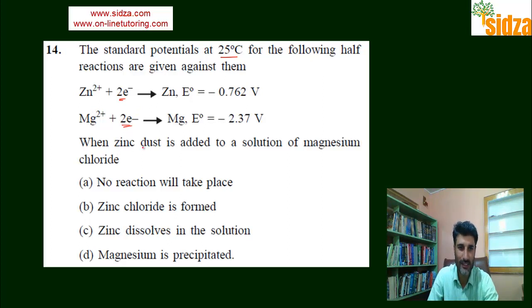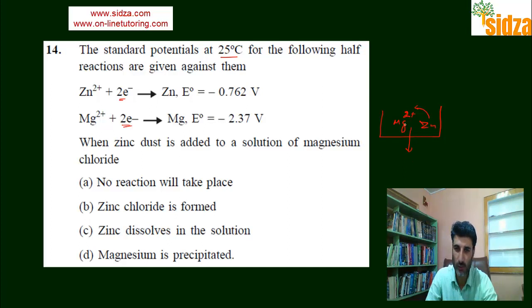It says that when zinc dust is added to the solution of magnesium chloride, MgCl2, which means we have Mg2 plus ions, and you add metallic zinc, can the reaction take place between these two? Can zinc lose electrons and can the magnesium gain? We have to actually check this reaction, if this is possible or not.